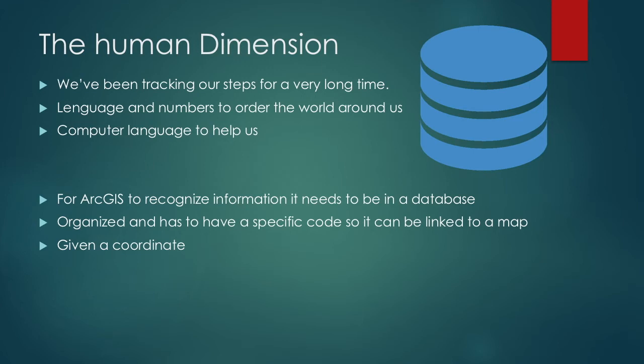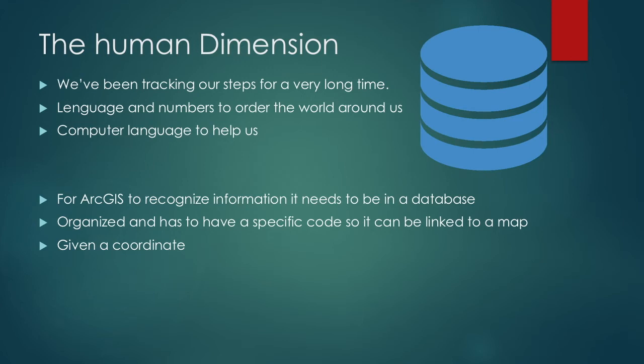And for ArcGIS to recognize information, it needs to be in a specific format. It needs to be organized and have a specific code so it can be linked to the map, and lastly, it can be given a coordinate so we can locate it.